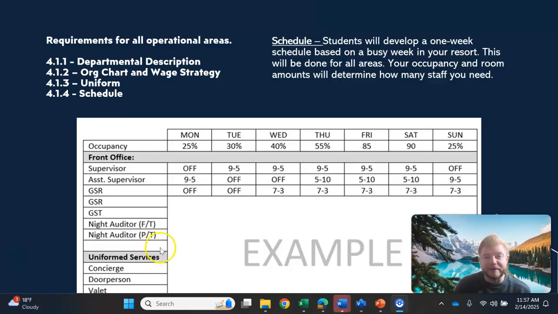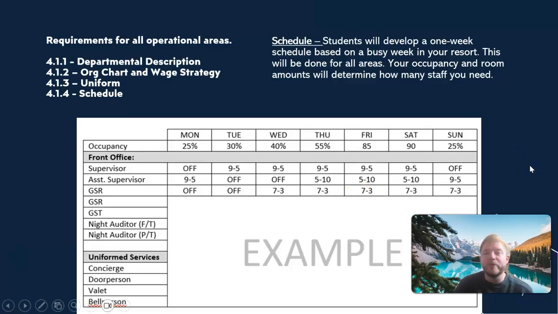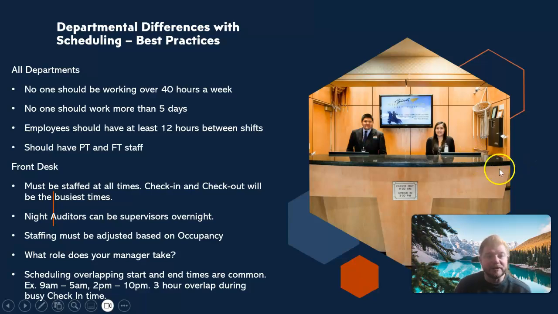So there is a balance here. What I will say is that with every single position, it must always be manned, right? So minus maybe some of the restaurants, there's always somebody at the front desk, there's always somebody in housekeeping, and there's always some sort of management supervisor level around.